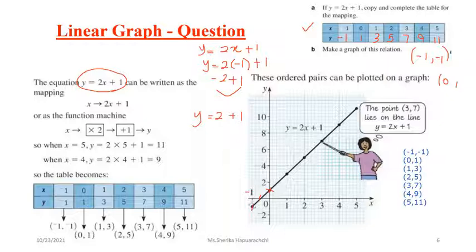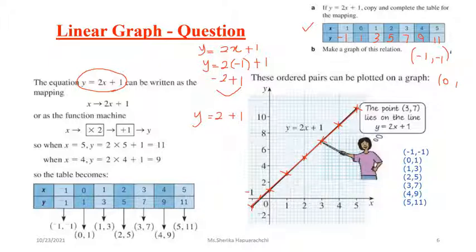Here it's the point. Then I get 1, 3, then 2 comma 5. Like that way, I'll be able to identify all my points. When I plot these points, I can join them to get my line. So that's the thing that we have to do.